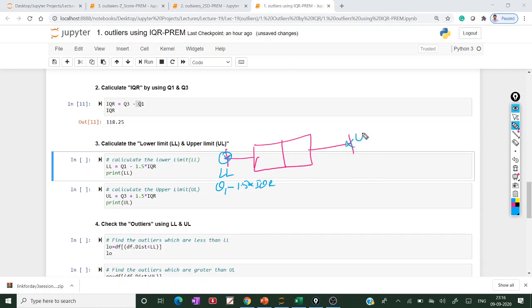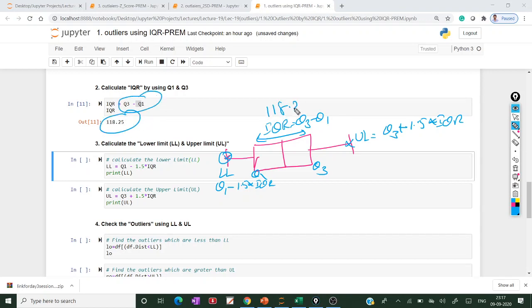The upper limit is Q3 plus 1.5 into IQR, where IQR is equal to Q3 minus Q1, and this value is 118.25.